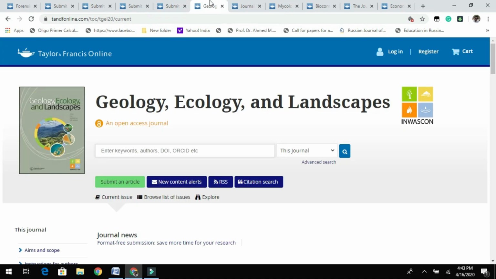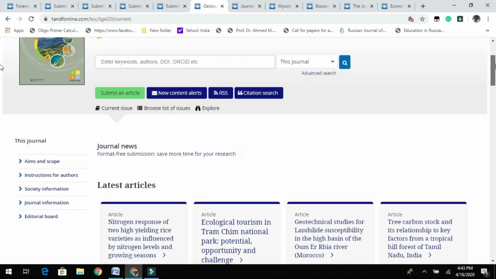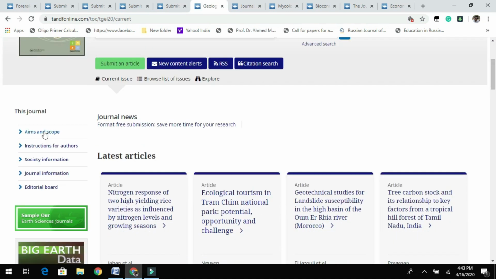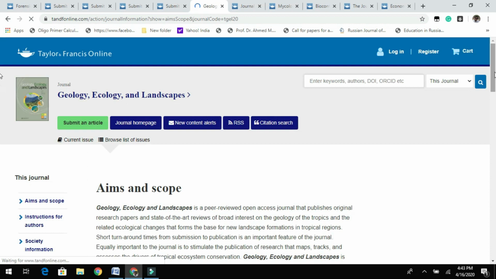Moving on to the next category: geology, ecology and landscapes. Let us see the aims and scope of this journal if you are working on geology, ecology.